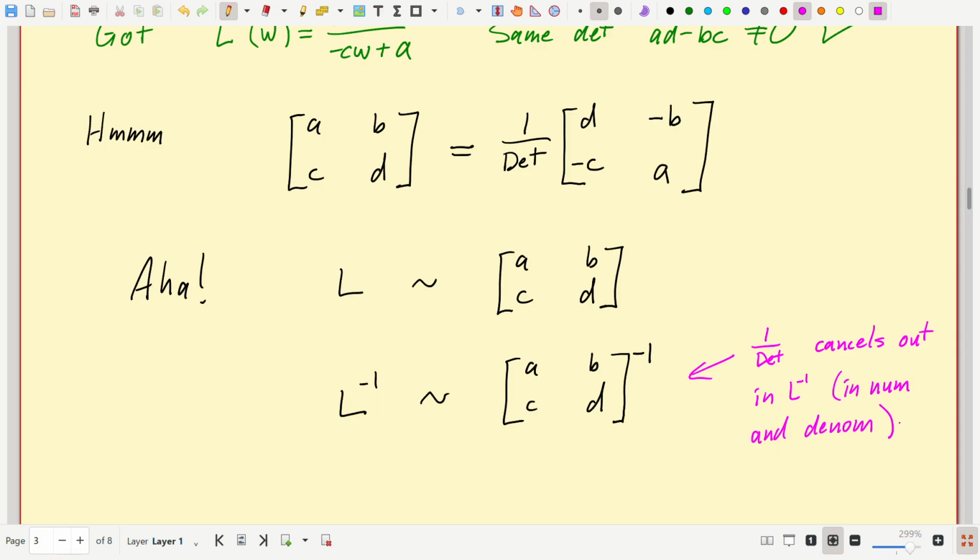Of course, it's non-zero, so it's going to cancel out. And in fact, this thing turns out to be a group homomorphism. So here's another cool fact.